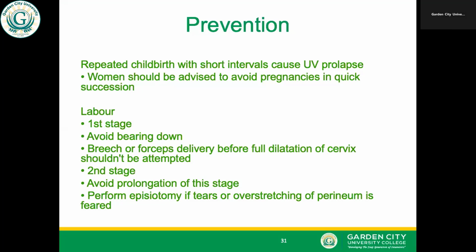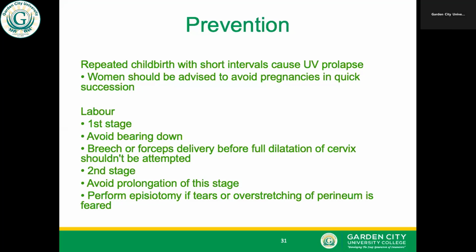We also encourage that breech delivery and forceps delivery be done after full dilatation of the cervix, not before, because doing it before full dilatation can also lead to uterine prolapse.